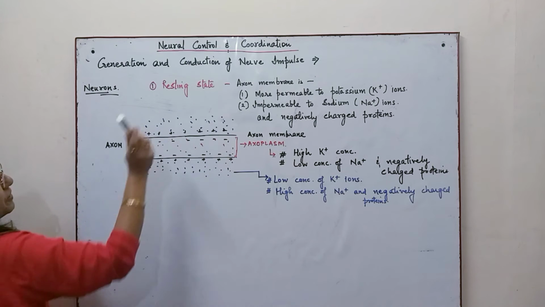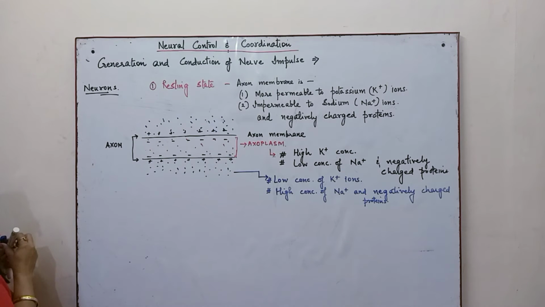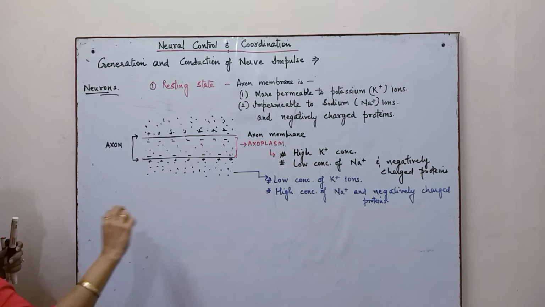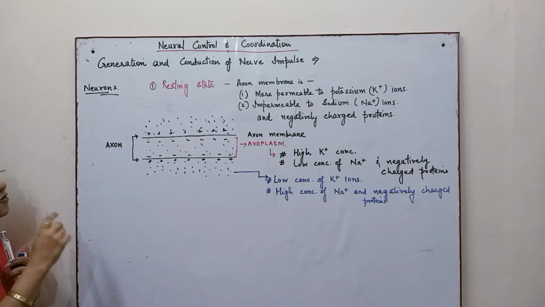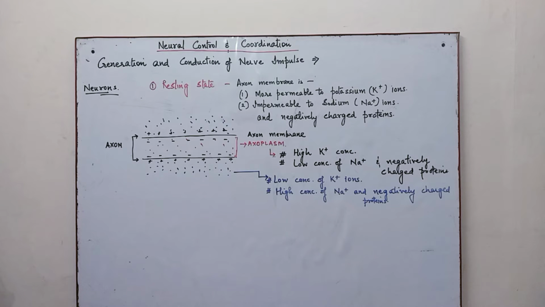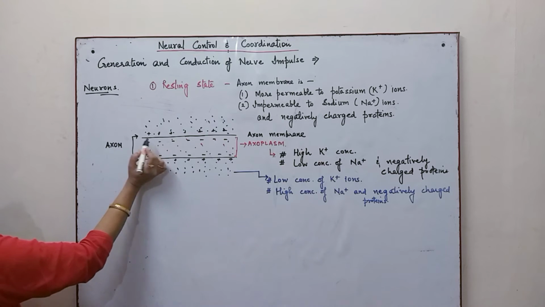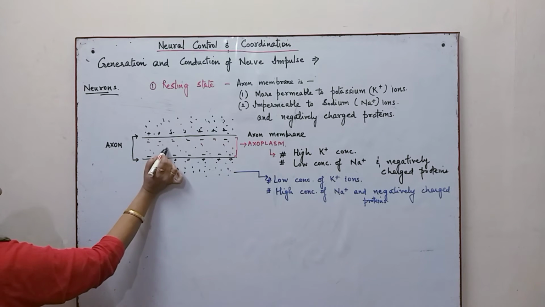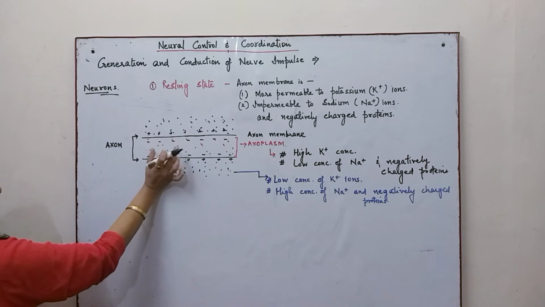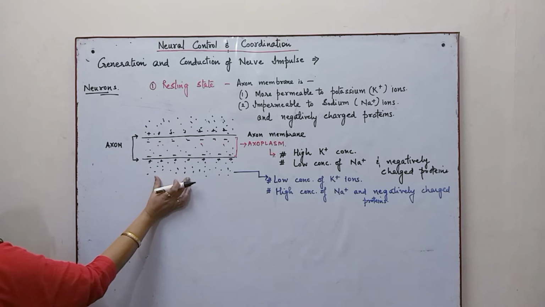the axon membrane. We know the structure of the neuron, and the neuron has an extended part. The dendrites are the structures that receive the signal or the stimulus and pass it on to the axon. This is the axon, and inside the axon, shown in red dots, is the axoplasm, and this is the outside fluid.